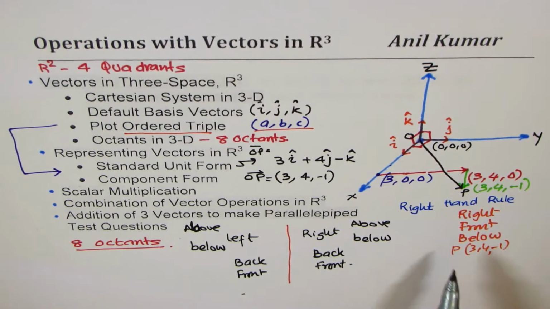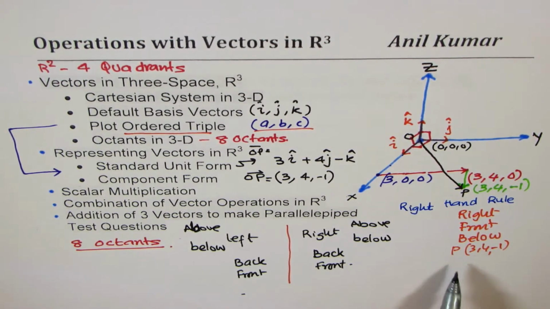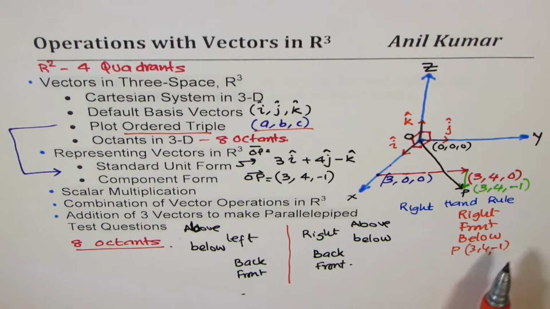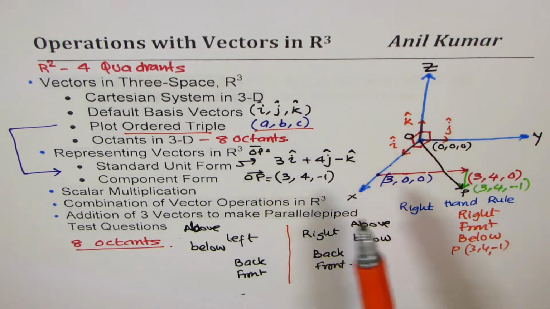It's good to say point P rather than the vector as such. So there are 8 octants to remember, and that is how we show where the point lies. If it is somewhere in the space, that is how you could describe it.